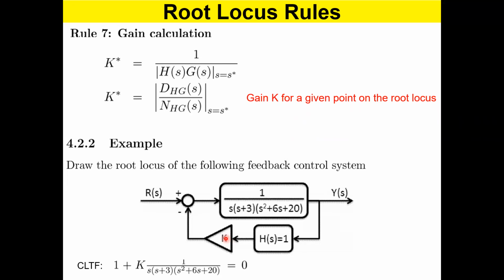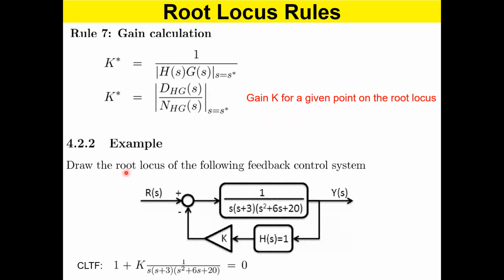So the other thing I want to tell you right here is that this is not the only feedback design criterion. There are many other design criteria as well. Okay. So now this example is: draw the root locus of the following feedback control system. Right now you know what it is, what you are supposed to do.